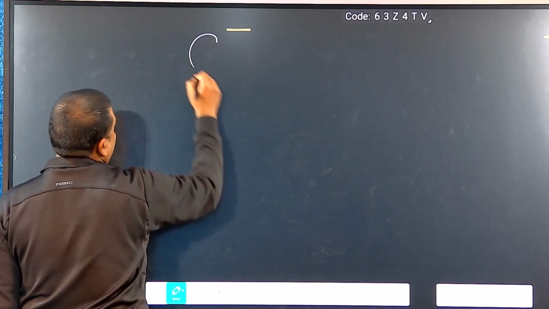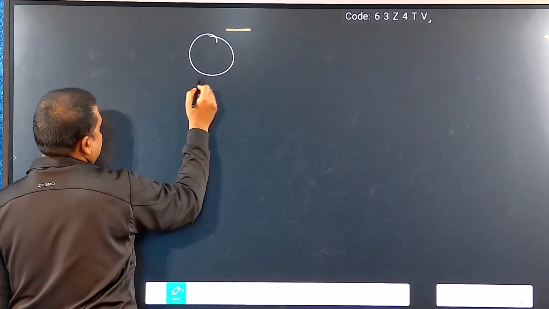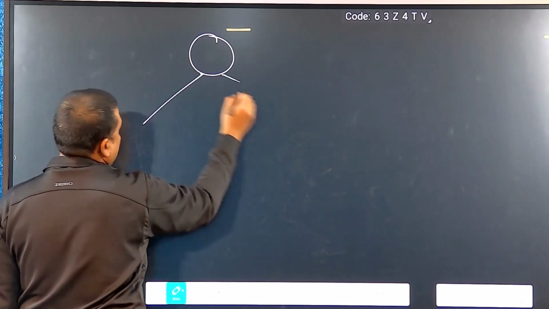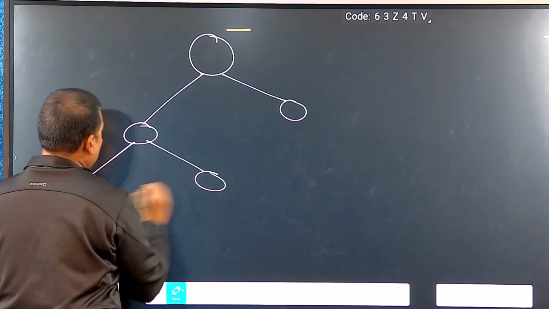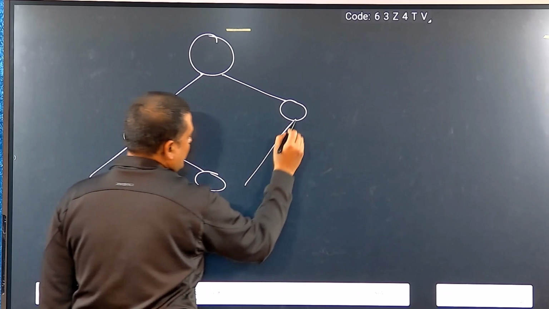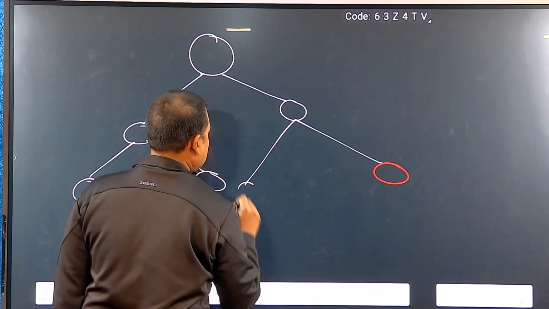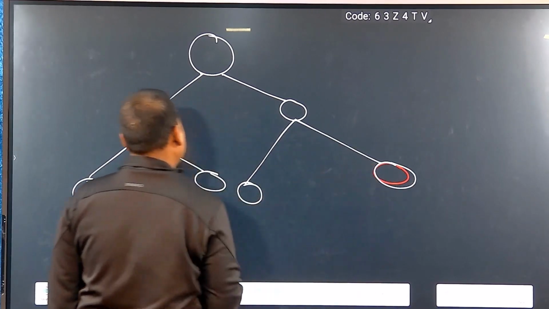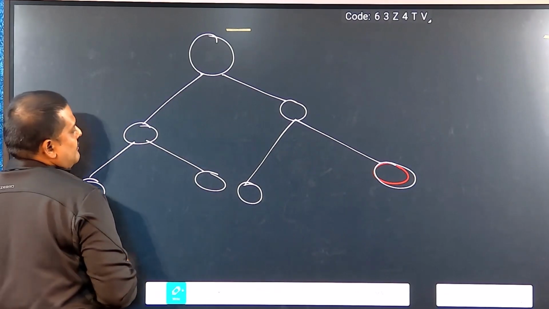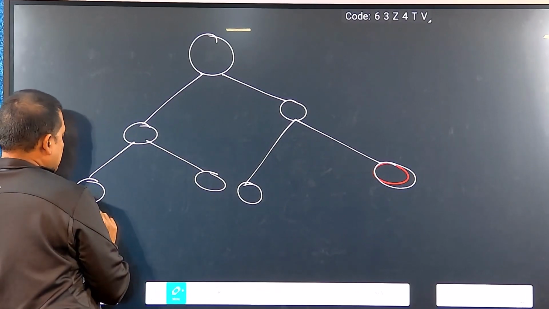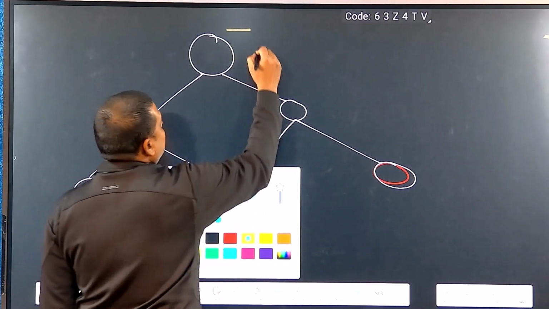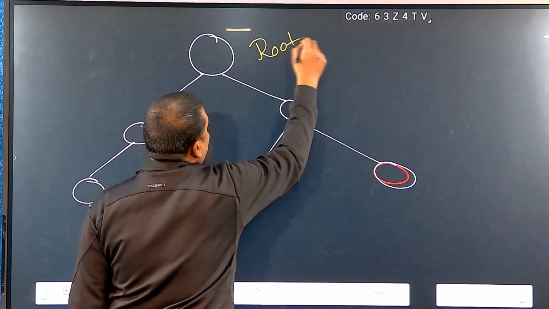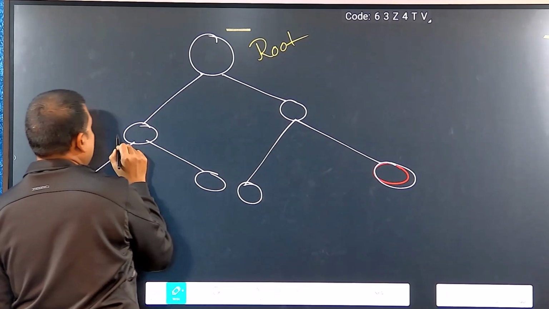Now, in case of a binary tree, we have the arrangement like this: one node can have a maximum of two children. These are the two children. This is called the root node. These are called internal nodes.